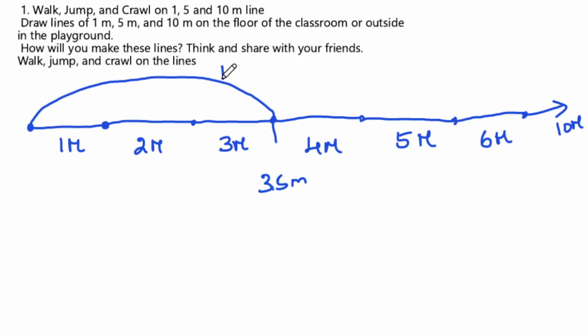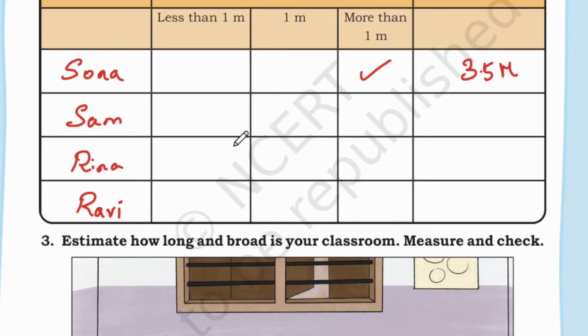So this jump was done by Sona. Next I'll change the color. We'll have a jump of exactly 1 meter. So who's that? Sam. 1 meter. Okay, next we have Reena.